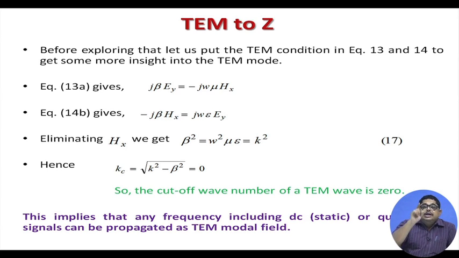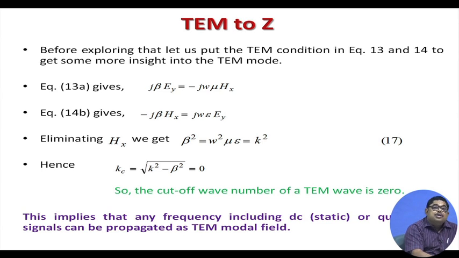So, for TM mode Kc is equal to 0, K is equal to beta, that means the wave number is equal to the phase constant. For other modes it is not true, but this is the only mode where this is true, and that is why we need to revisit that we are getting all the transverse fields as 0 by 0 case.